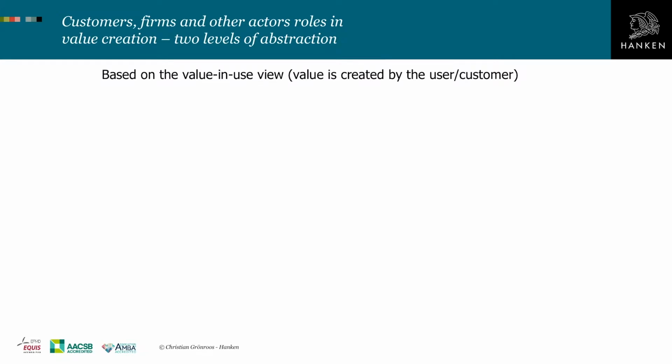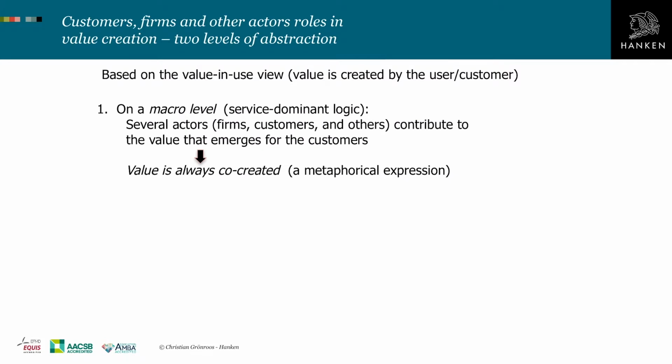Now, there are different roles of customers, producers, distributors, and other actors in this value creation process. These views depend on the level of abstraction. In the literature today, there are two levels of abstraction: a macro level and a micro level.